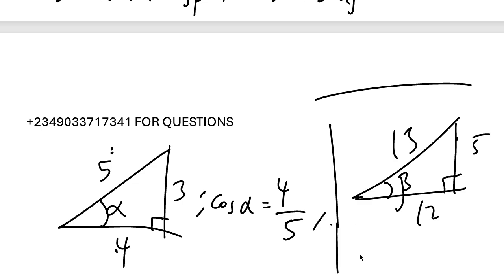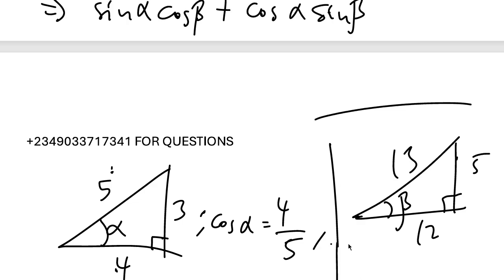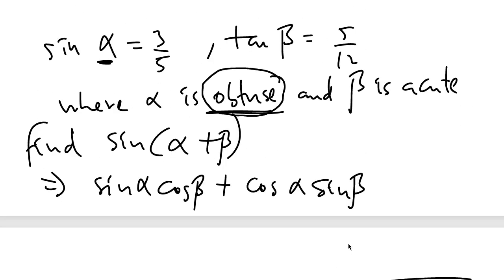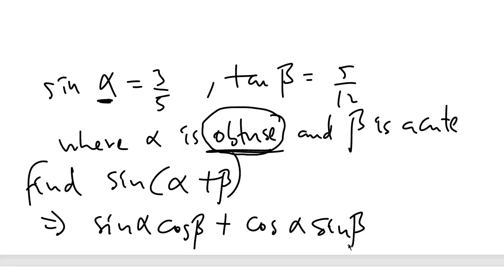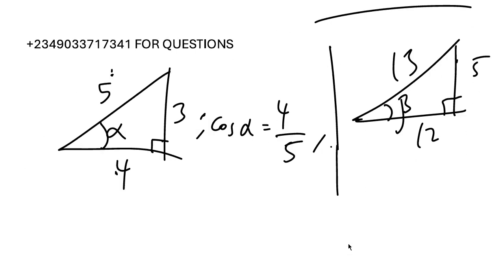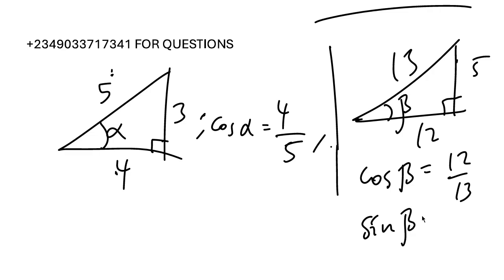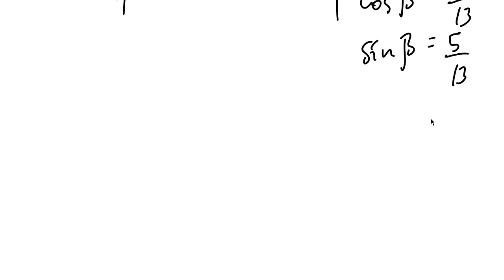So what do we need from here? We need the value of cos beta and the value of sine beta. Cos beta is equal to 12 over 13, while sine beta is 5 over 13, which is opposite over hypotenuse. So with this we can substitute into the formula.